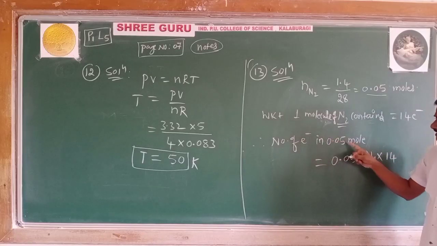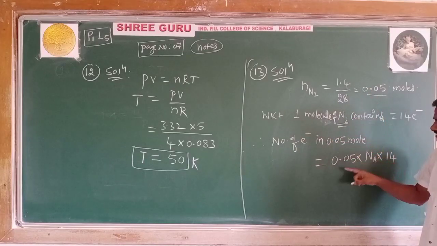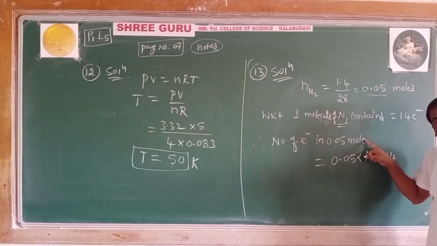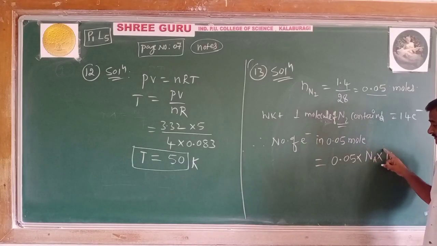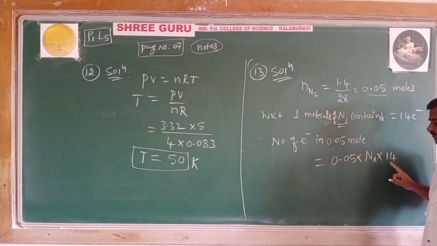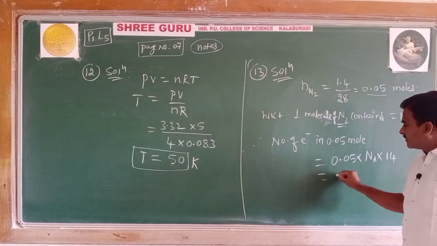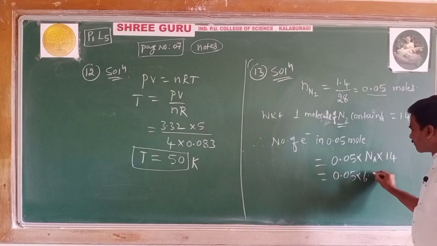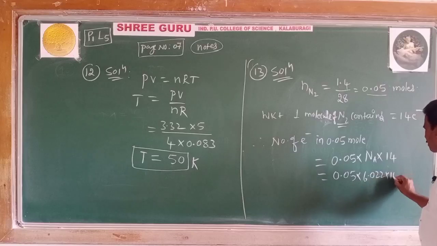Therefore, the number of electrons in the 0.05 mole is nothing but 0.05 into each mole contains Avogadro number of molecules Na, and each molecule of N2 contains 14 electrons. Therefore, this is 0.05 into Avogadro number 6.022 into 10 to the power 23 into 14.